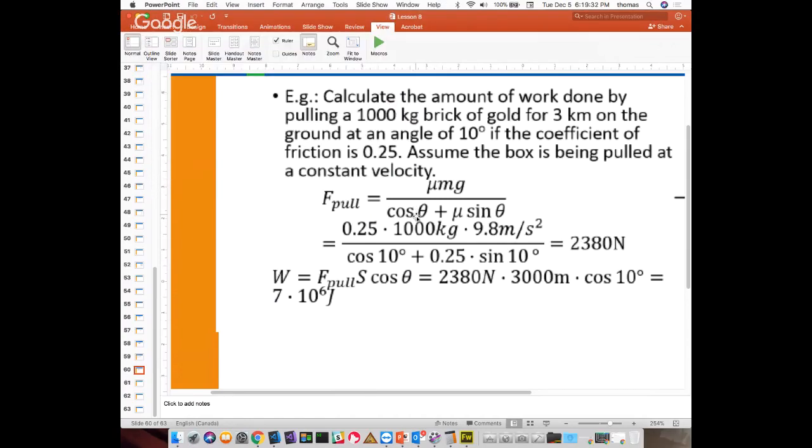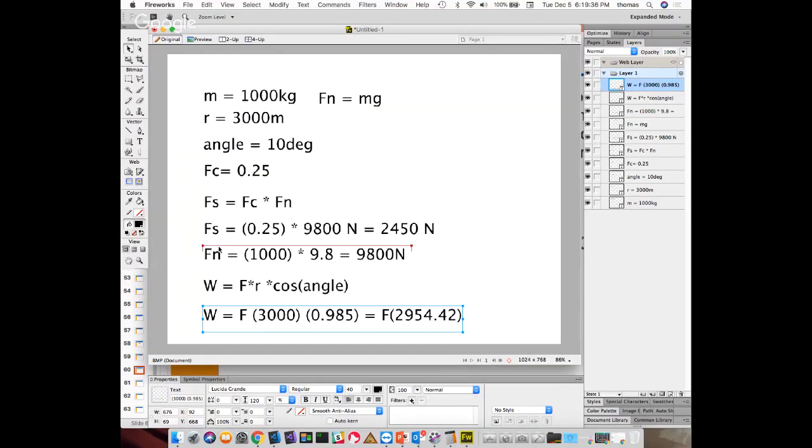The reason why we're correct is because we have to figure out what we're doing. In this particular case, the force of friction is telling us how much force we need to push this thing. Once we know the force that we're pushing with, the distance, and the angle, we can figure out the work in joules.